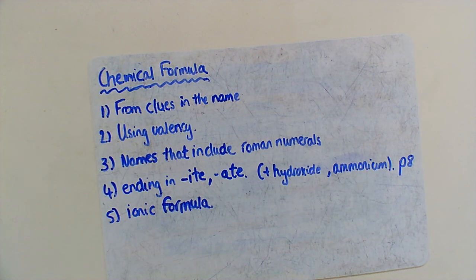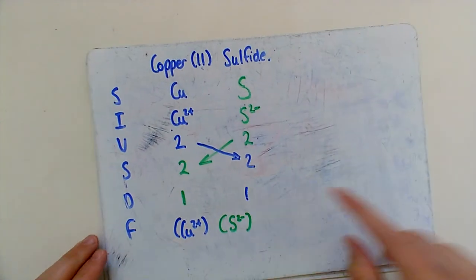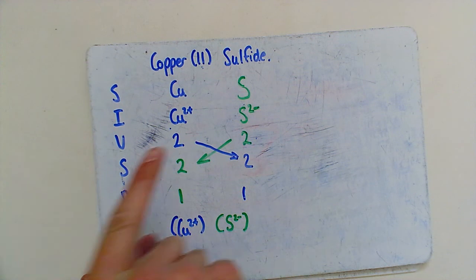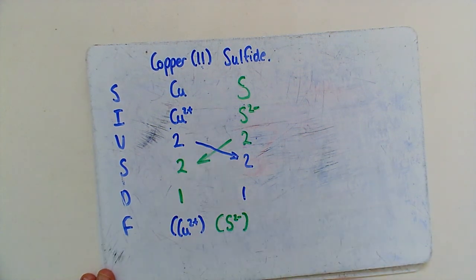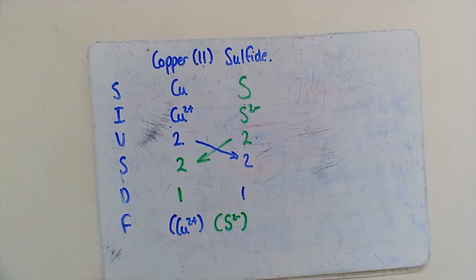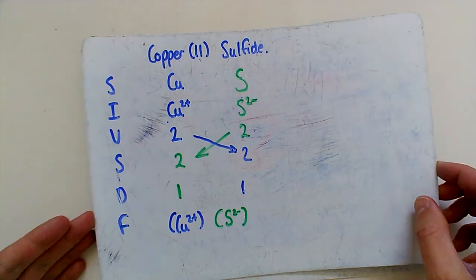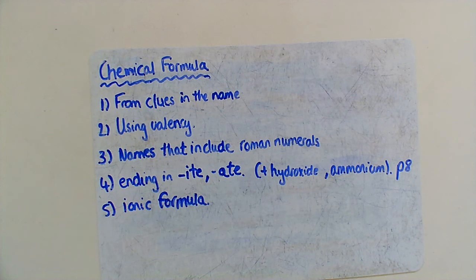And when it comes to writing ionic formula, we add in this extra I so that we can write the symbol with the charge. So that is the ion. And whenever it comes to writing the formula, we put the ion in brackets and then we put whatever number afterwards. So that was the final part of writing chemical formula, National 5. Thank you for your attention.